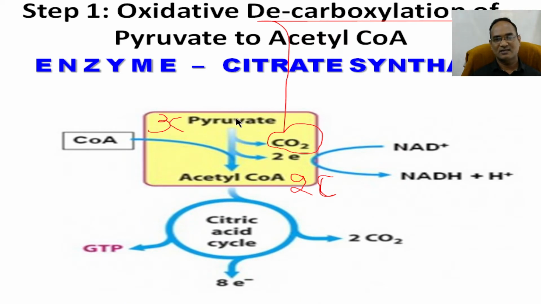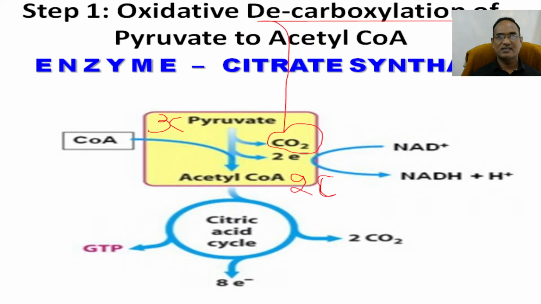There is elimination of 1 carbon from pyruvate, releasing 1 carbon, and forming acetyl CoA with 2 carbon. This 2 carbon only will enter into the Krebs cycle. If there is any problem in this conversion, there will be no possibility of citric acid cycle functioning.